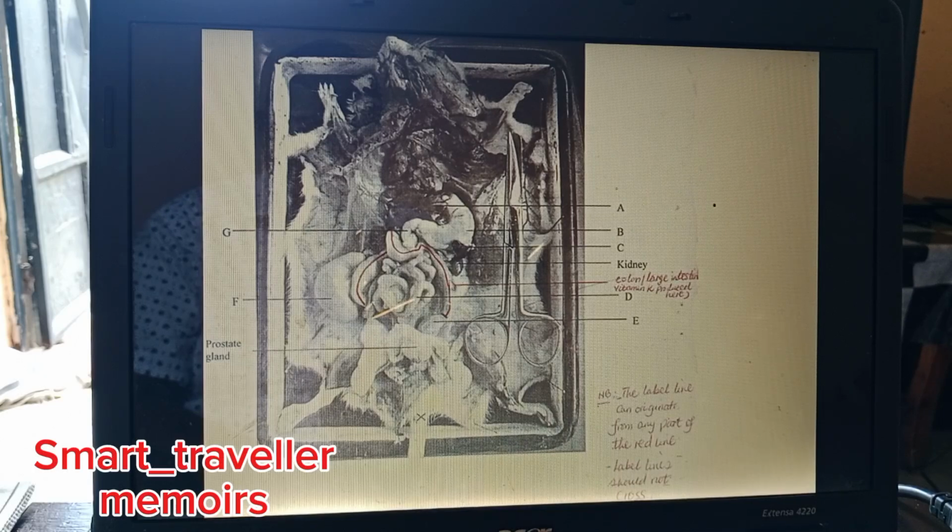You can see the cursor. And that is why we note here that the labeling can originate from any part of the red line. Before the color was different, so I adjusted.